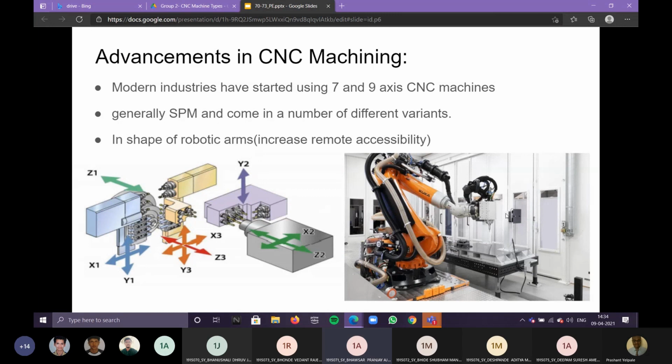Here we can see a KUKA 7-axis milling machine, and here we can see a 9-axis mill turning machine. Here we have a turning machine with all the turning tools, and here we have a milling machine. And you can see the different axes across which it can move.